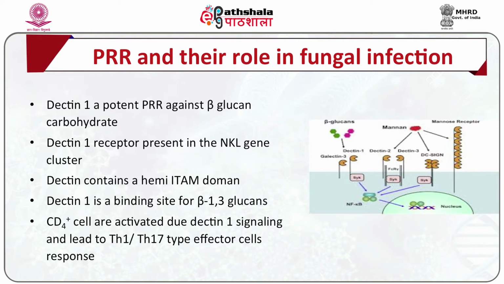Dectin contains a hemi ITAM domain, commonly known as immune receptor tyrosine based activation motif, at the cytoplasmic tail. This ITAM domain is responsible for phosphorylation and provision of docking site for signal transduction kinase.